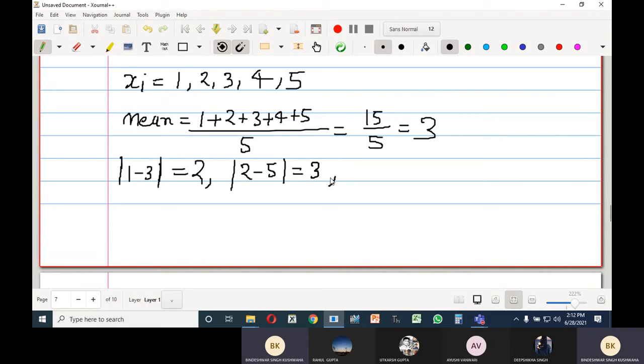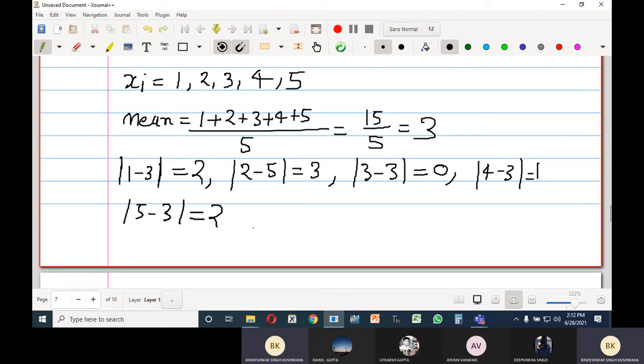Thereafter the deviation from 3. Actually 3 is the mean, so no deviation, 0. Thereafter 4 minus 3, 1. And finally 5 minus 3, 2.